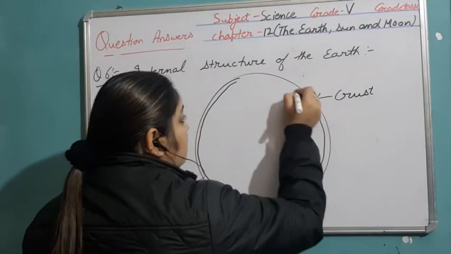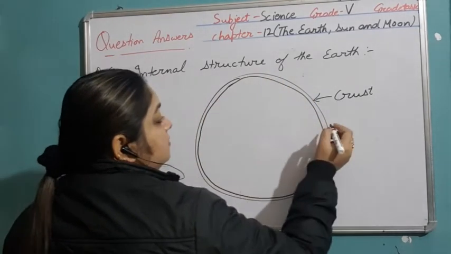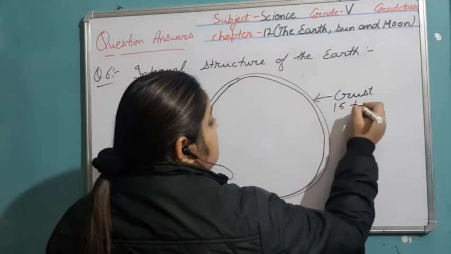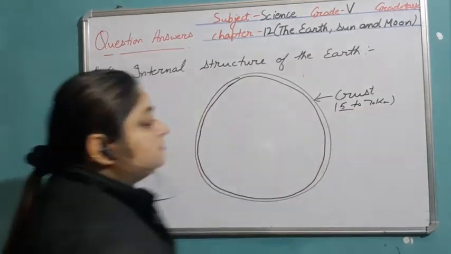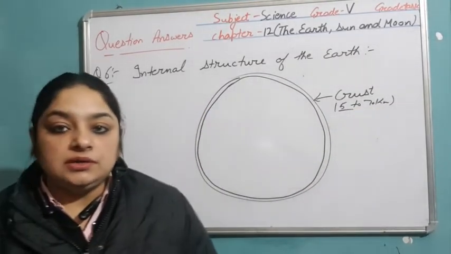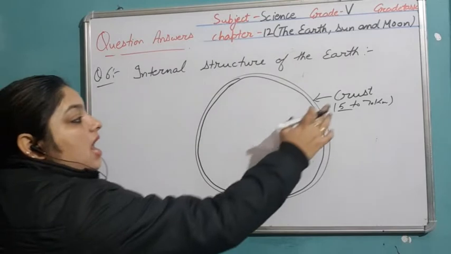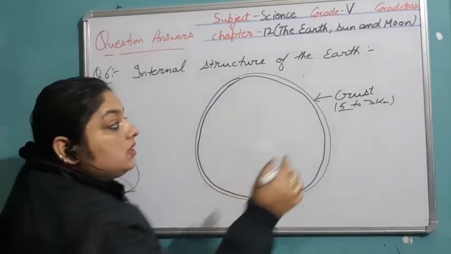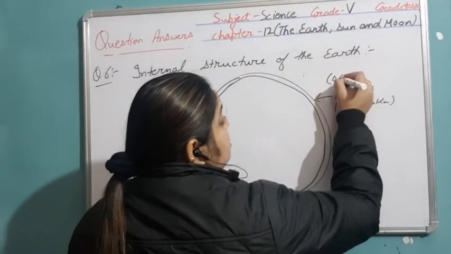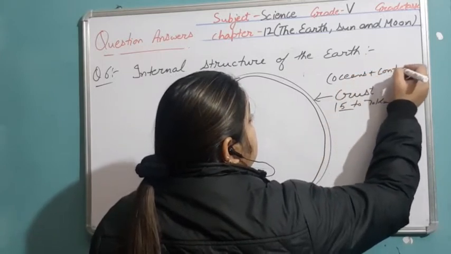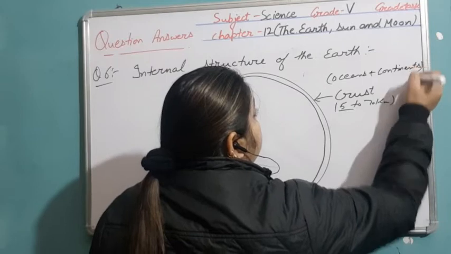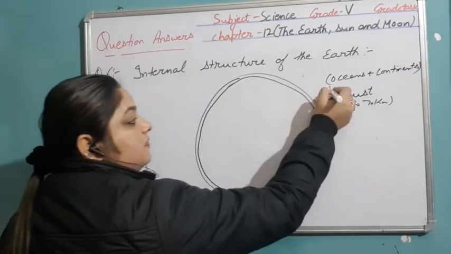It is around 5 to 70 kilometers, 5 kilometers in the ocean to 70 kilometers under the ground. Okay, so this is the first layer of the earth.